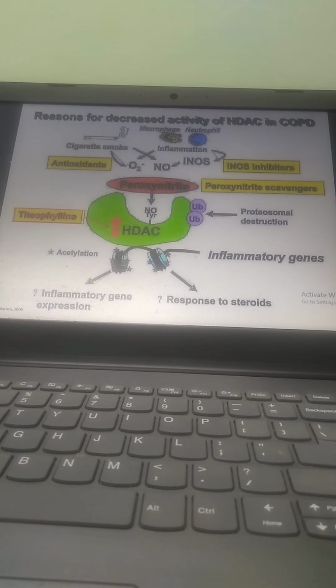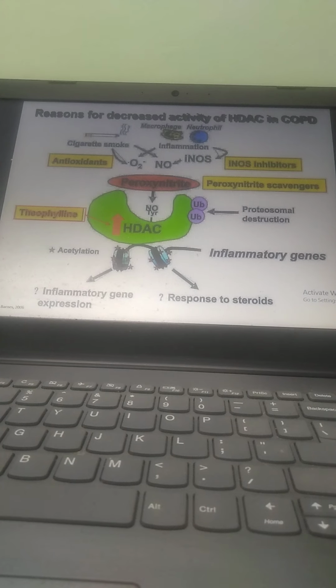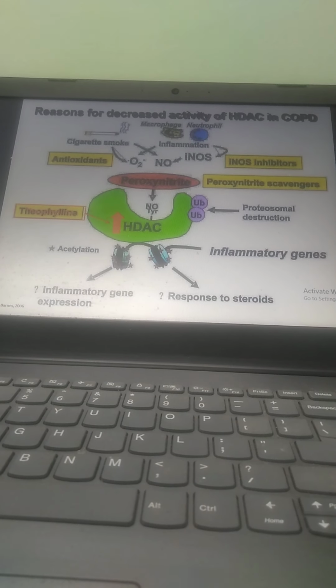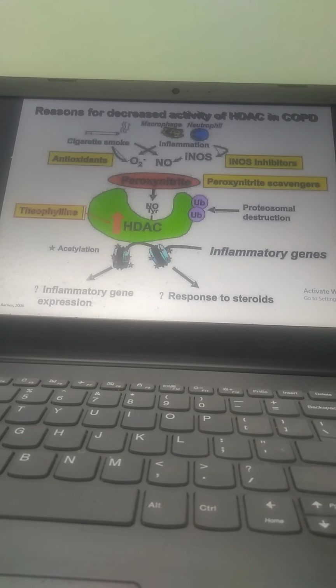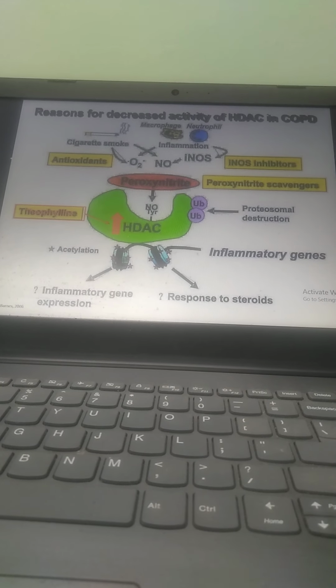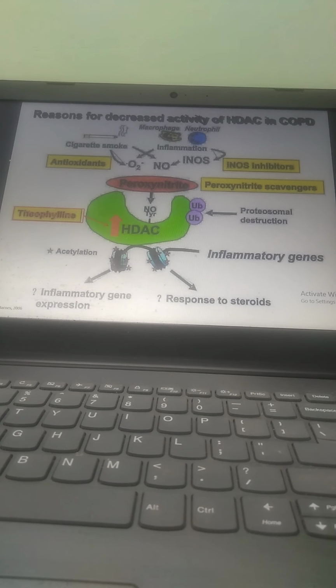Now, reasons for decreased activity of HDAC in COPD. Why is it like that? The reasons for decreased activity of histone deacetylase are cigarette smoking, inflammation, nitric oxide, oxidants, and peroxynitrite.